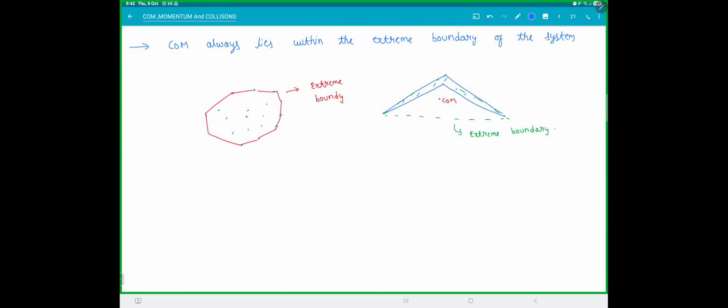If you take triangular plates, the center of mass of uniform triangular plates is at the centroid.